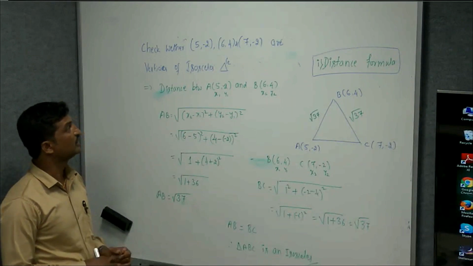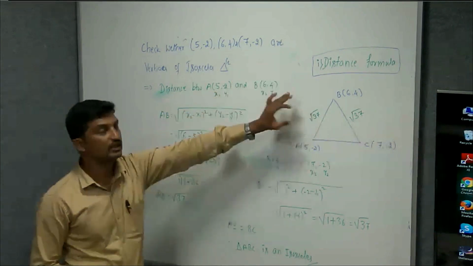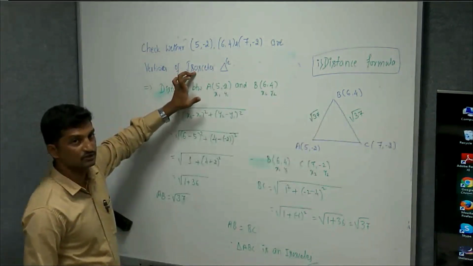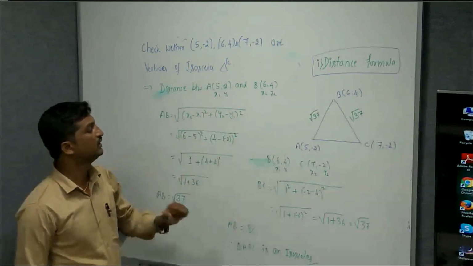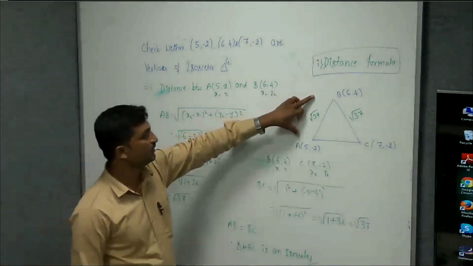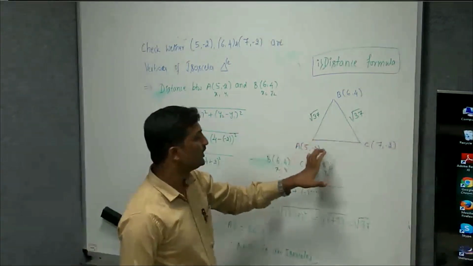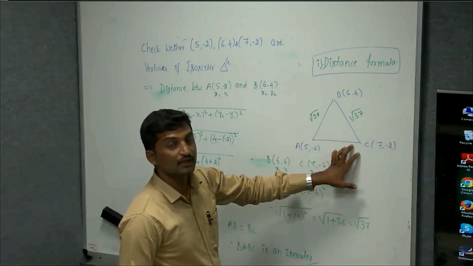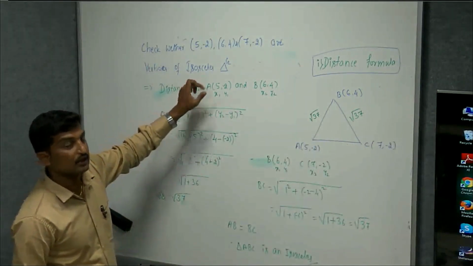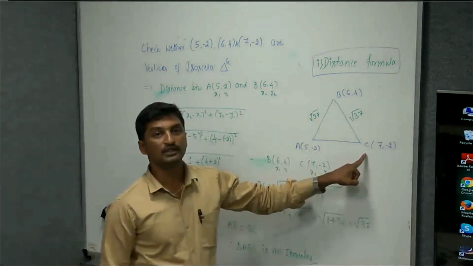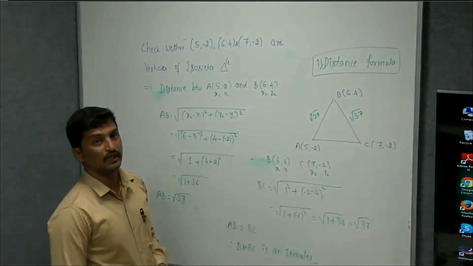Once again, these three are the coordinates of the vertices of a triangle. We need to check whether it is isosceles. The condition of isosceles is any two sides should be equal. For that, I found the distance between AB and BC. We got root 37, root 37. Now, no need of checking AC. If they are asking you to check whether it is an equilateral triangle, then again you need to calculate the length of AC. If all three sides are equal, then it will become an equilateral triangle.